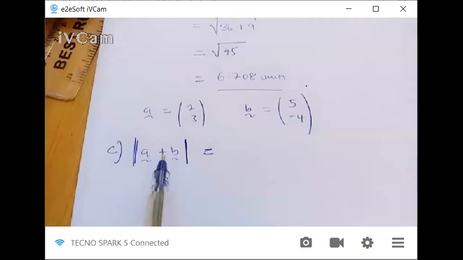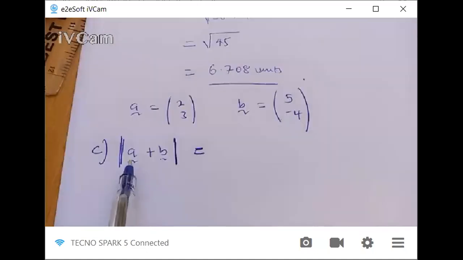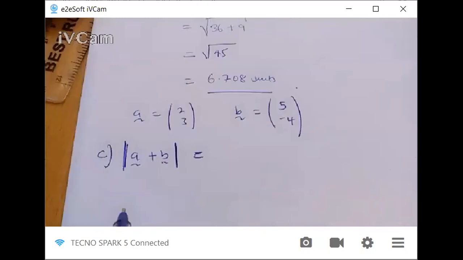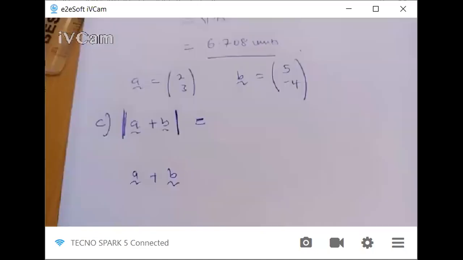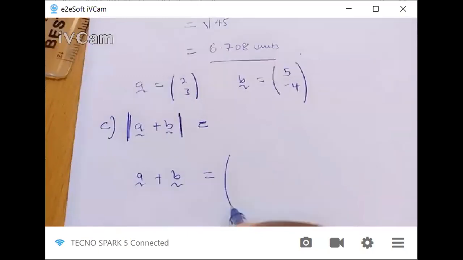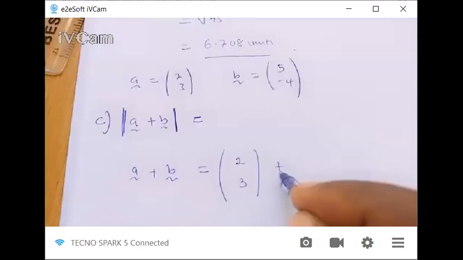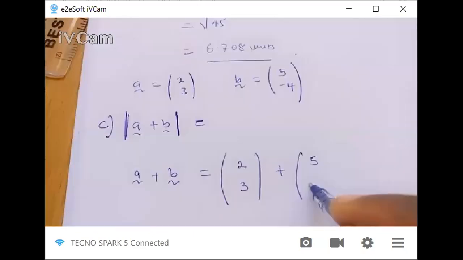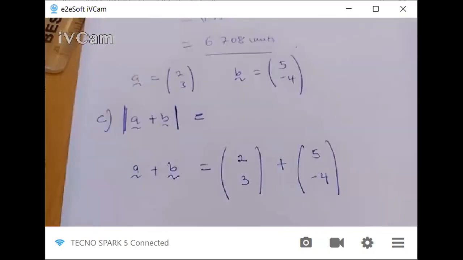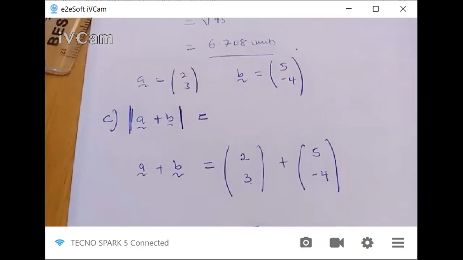They're telling us to find the magnitude of A plus B. So what we need to do first is to get A plus B. To get A plus B, we look at addition. So we shall have (2, 3) plus (5, -4). When you add, you get 7. When you add here, you get -1.